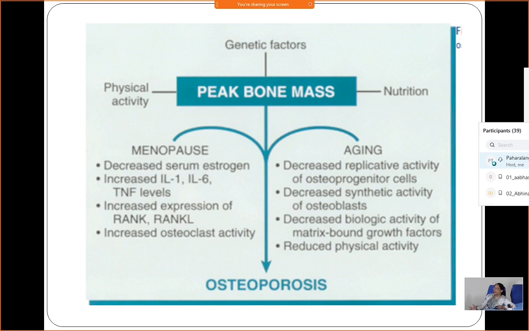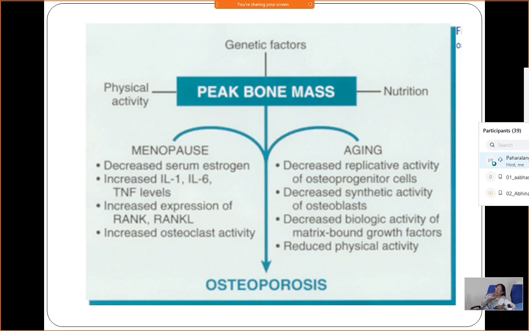One is decreased serum estrogen, because estrogen is very important for the osteoclastic and osteoblastic activity to maintain the balance. In addition, there is increased interleukin 1, interleukin 6 and TNF factors which add on to the activity of osteoclasts, and there is increased expression of RANK and RANK L, which all leads to increased osteoclastic activity.